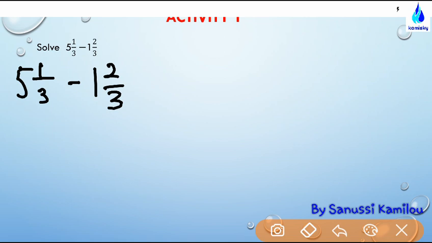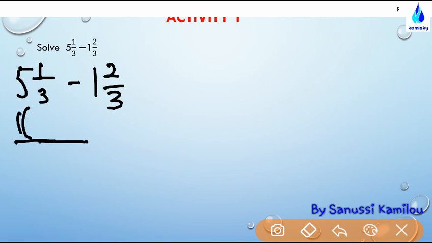According to our rules, we should first of all convert the mixed fractions into improper fractions. So what do you think our first mixed fraction will become? Don't forget that if you are converting a mixed fraction into an improper fraction, you need to bring your bracket. Do you remember that?